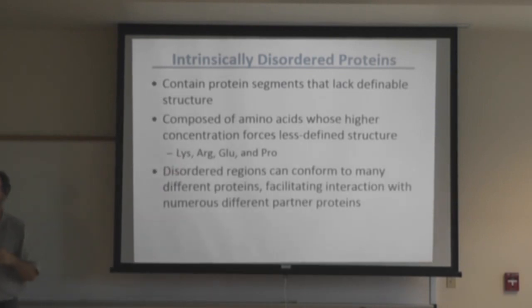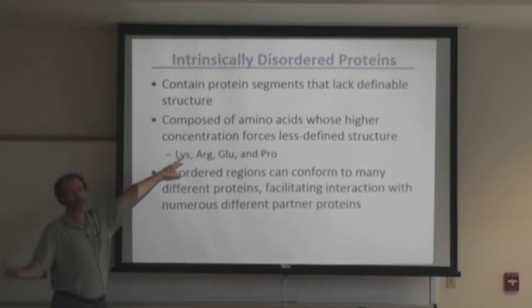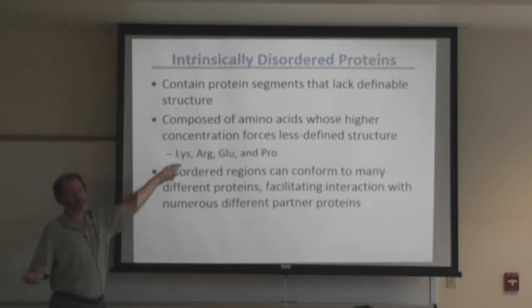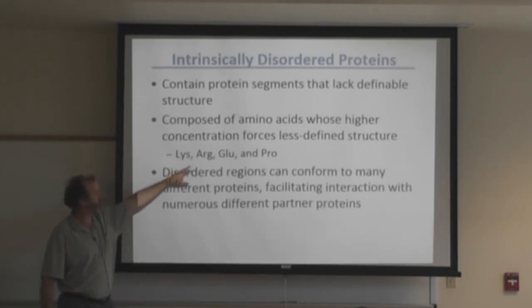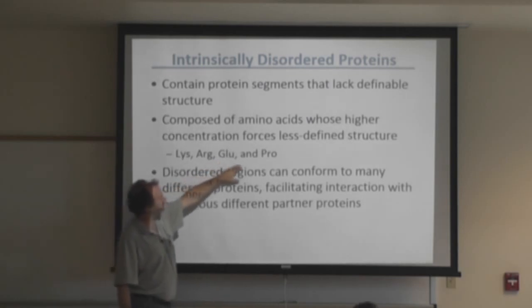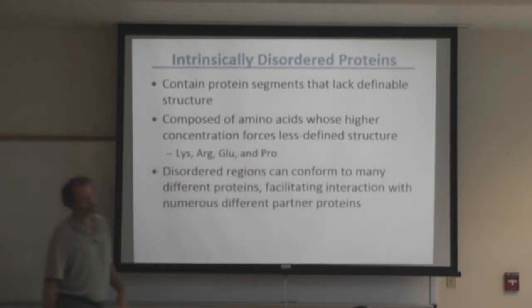Basic, yeah, so it's positively charged. It grabs a proton from water, gives it a positive charge, so it's going to be positively charged at pH 7. If you have a bunch of polylysines there, they're not going to form alpha helical structure because they're going to repel each other and they won't interact with each other. Same with arginine, glutamic acid, and proline doesn't like to form alpha helices to begin with.